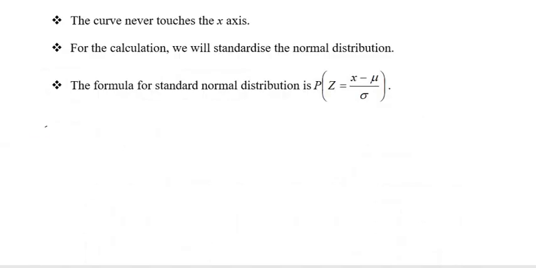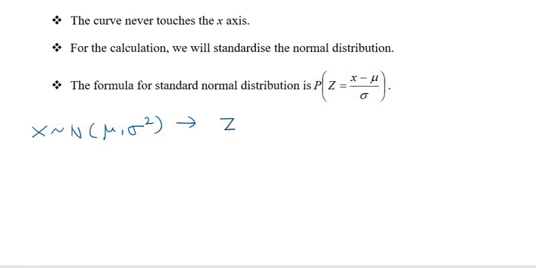Okay, let's have an example. If X is distributed according to a normal distribution with a mean and variance, we write it this way. So for this particular X, it can take any mean and variance according to the distribution. Instead of using this normal distribution, we will standardize by using this formula.